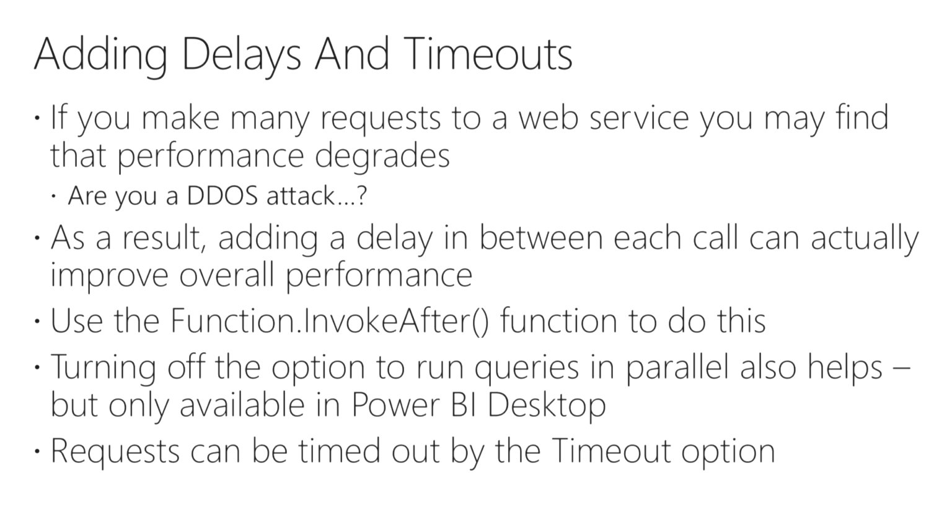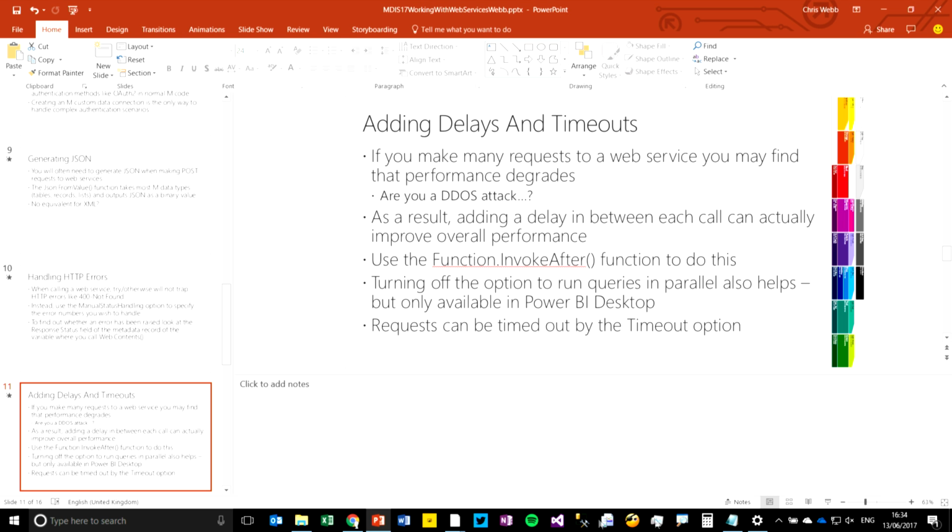If you hit it 10 times, suddenly it's not 10 times the amount of time of the original request. It's a minute or so. So kind of counterintuitively, if you are hitting a web service repeatedly, which you may well be doing if you're calling a web service once for every row in a table, it can actually help and make things faster by inserting delays into your code. And we've actually got some support in M for being able to do that, specifically for this scenario.